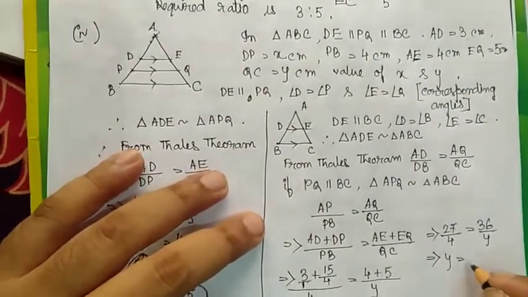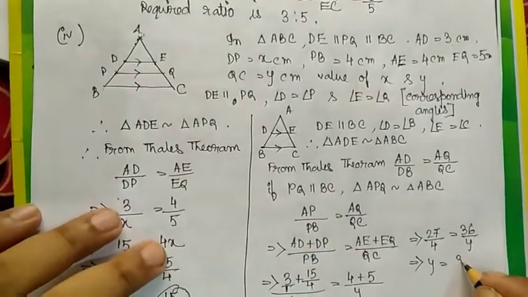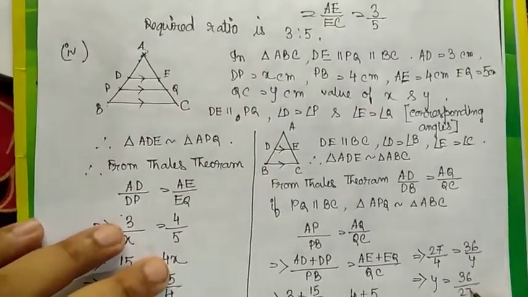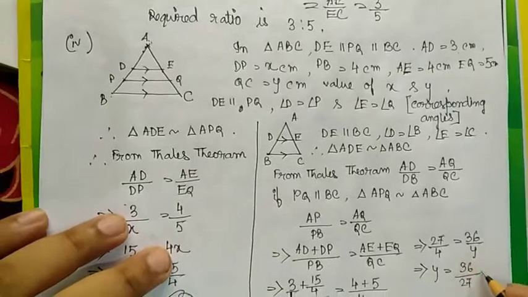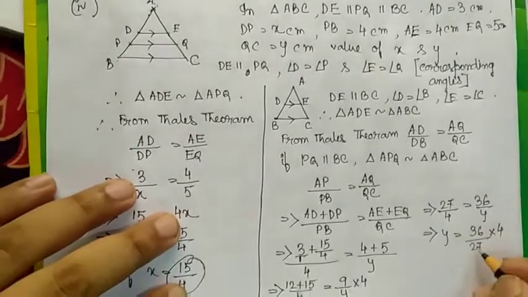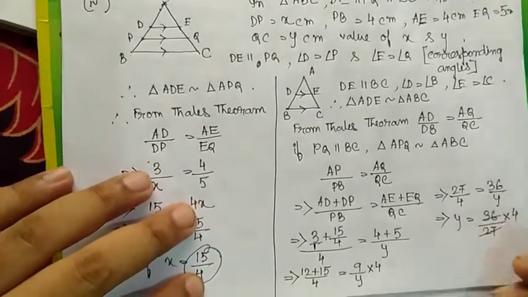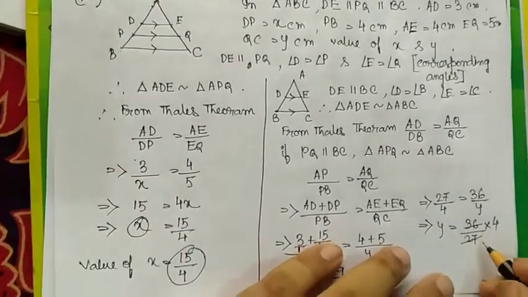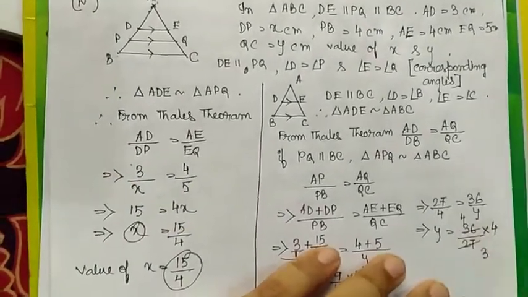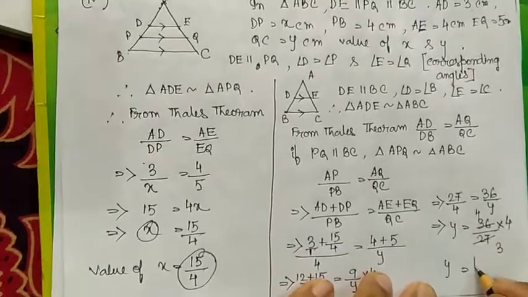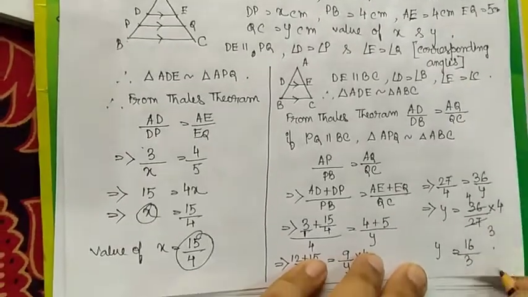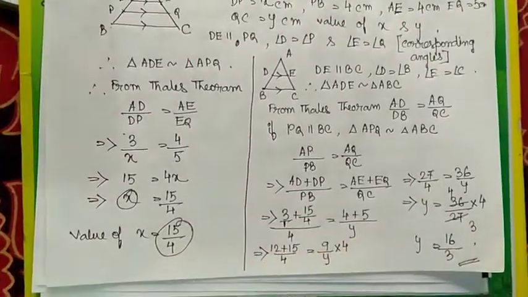So y equal to 36 by 27, and eliminating 9 by 9, it should be 4 by 3 times 4. So the value of y equal to 16 by 3. This is a very important sum.